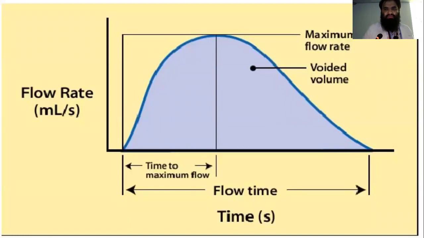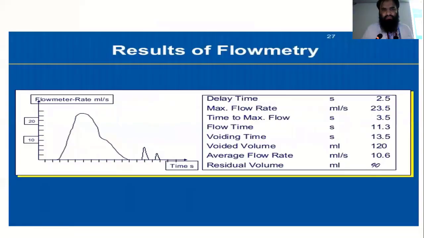So this one is the chart of the UFM, in which the x-axis is the time of the flow and the y-axis is the flow rate in ml per second. The bell-shaped curve shows the maximum urine voided, and the peak shows how much it voids per second.